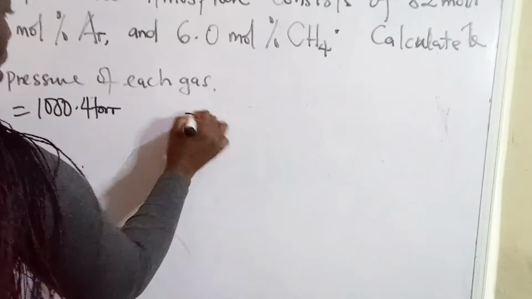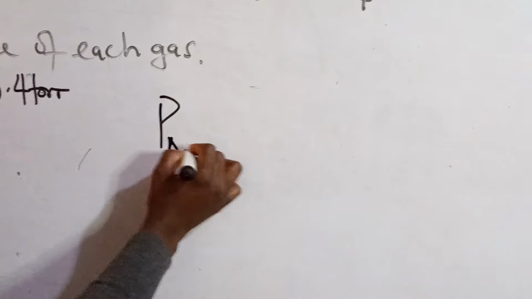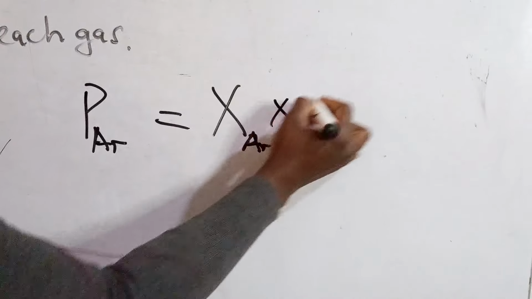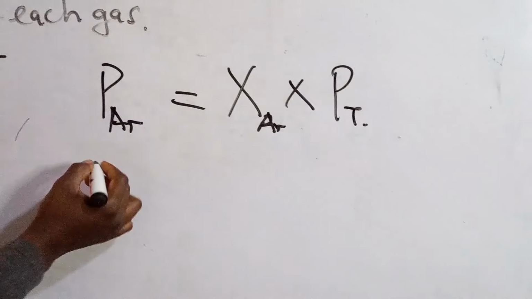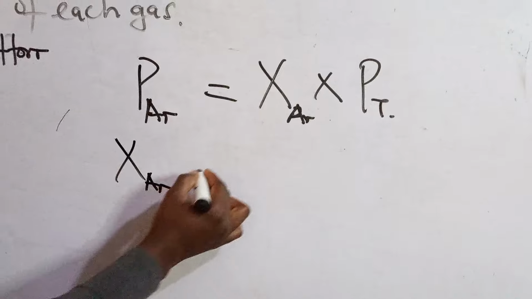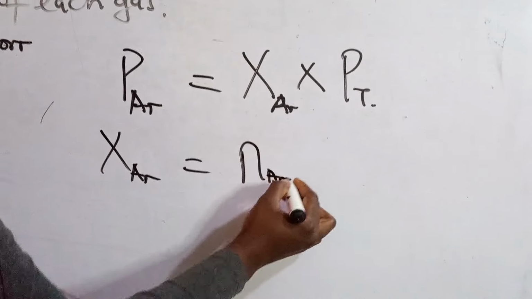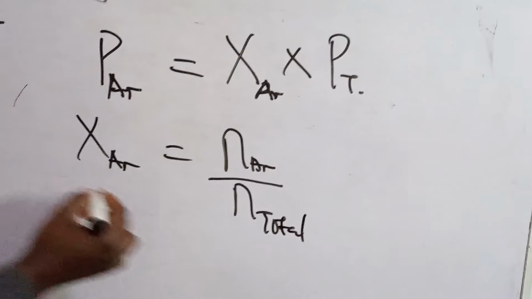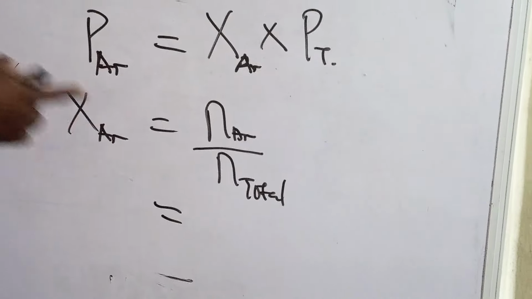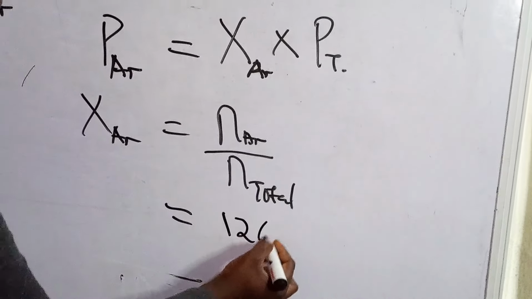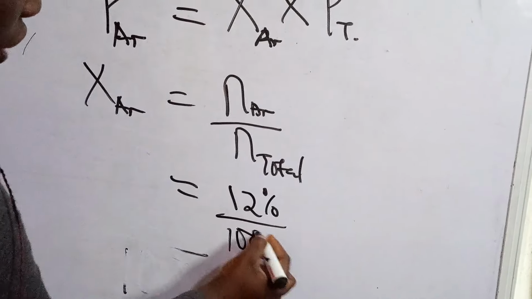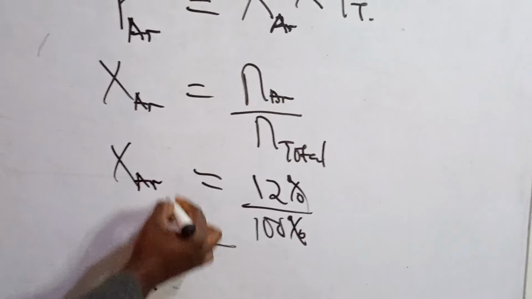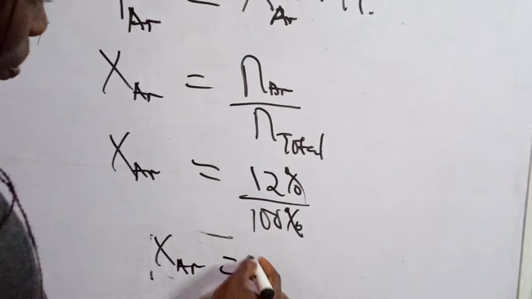That of argon will use the same formula, which is partial pressure of argon equals the mole ratio of argon times the total pressure. What is the mole ratio of argon? You use the same formula, N argon over N total. We know the total is 100 percent and N argon is 12, so it will be 12 percent over 100 percent. The percentages cancel, and the mole ratio of argon is 0.12.